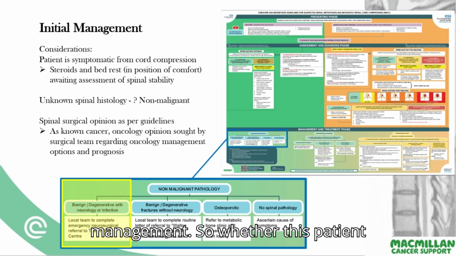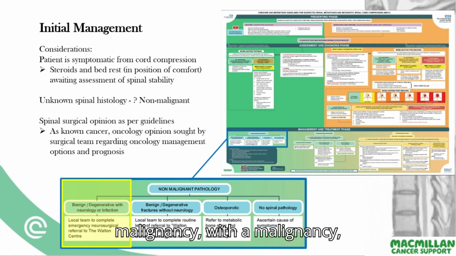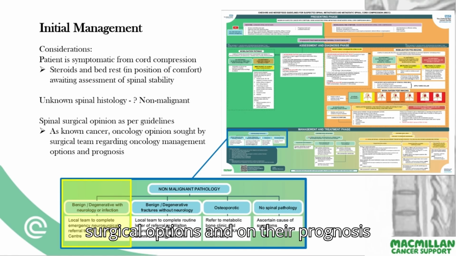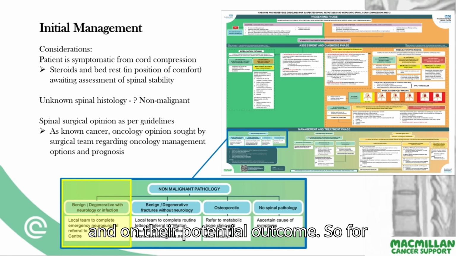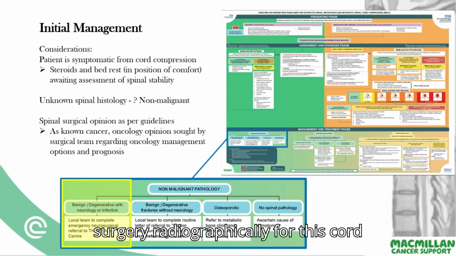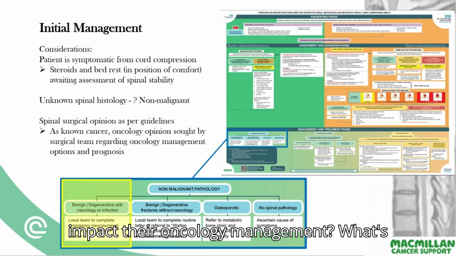So whether this patient would be a surgical candidate without the malignancy, with a malignancy, the surgeons would want to understand the impact of that malignancy on their surgical options and on their prognosis and on their potential outcome. So for example, if they would do surgery radiographically for this cord compression, is that surgery going to impact their oncology management?